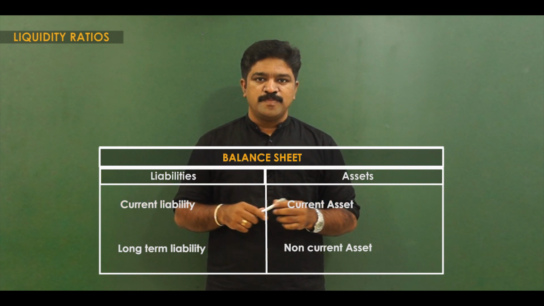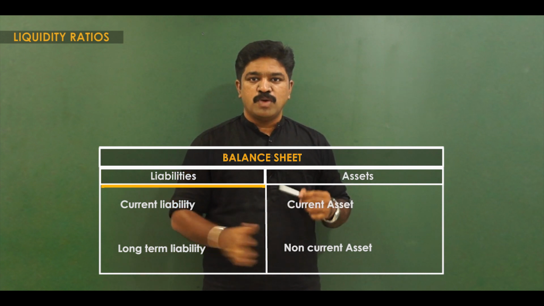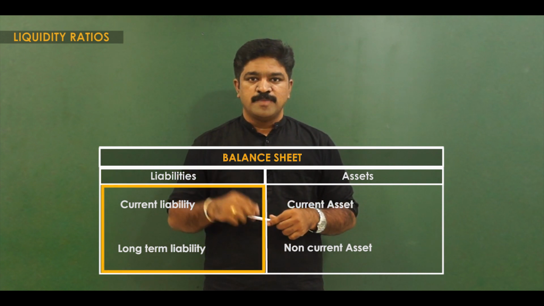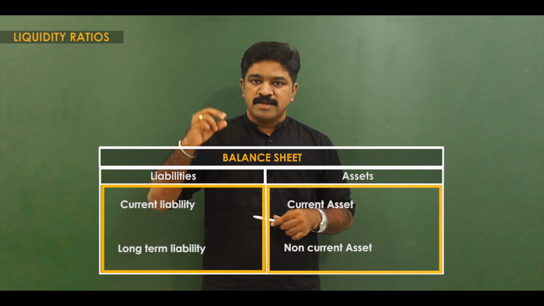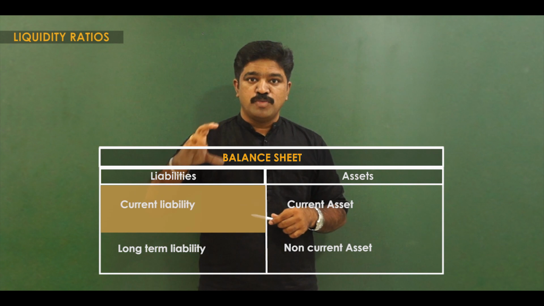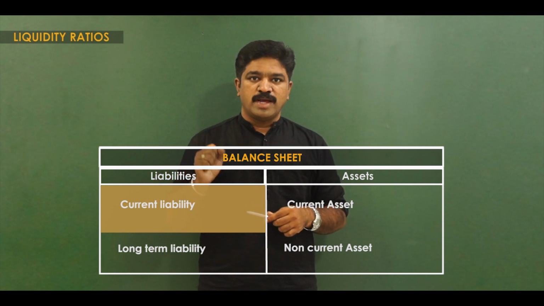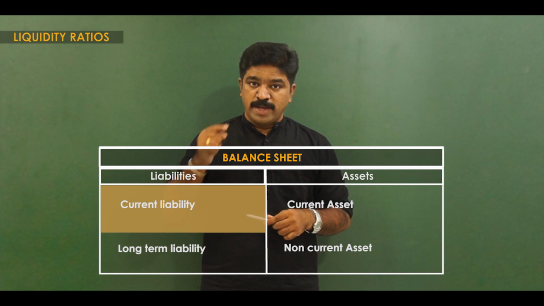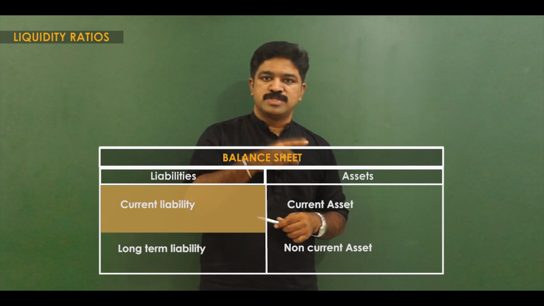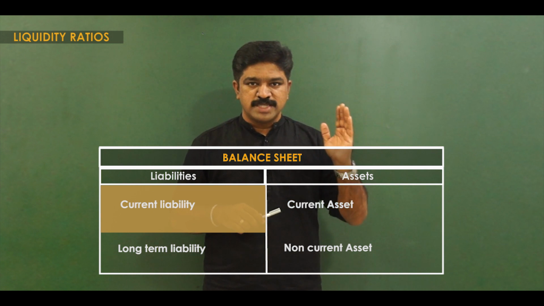To put it clearly, let's say this box is your total liability size and this is your total asset size, and in this liability, current liability occupies so much of the portion out of total liability. We know liability means something which you have to pay, and for paying that you need resources, and resources are basically assets.